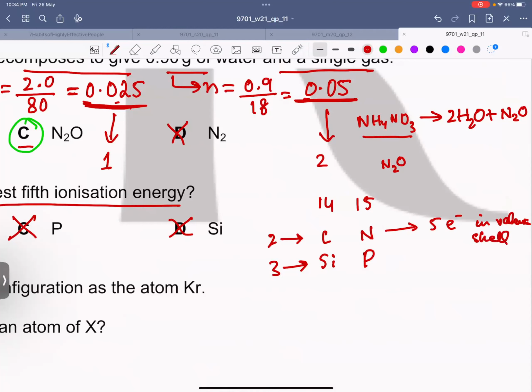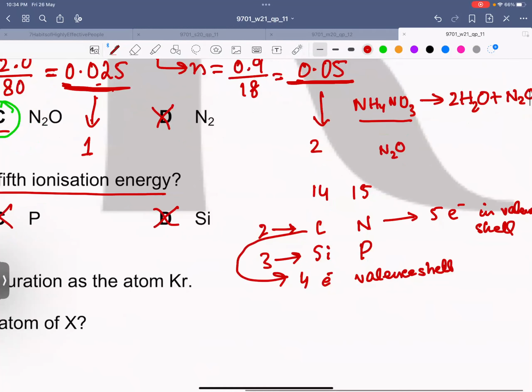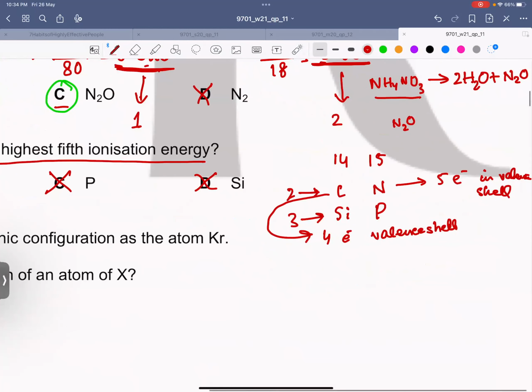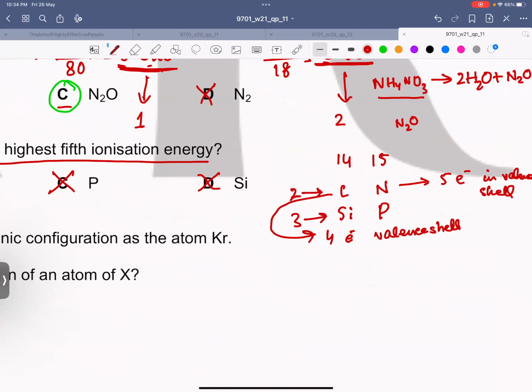And in the case of carbon, 4 electrons in the valence shell. So for carbon, its valence shell is the second, and the 5th electron that we have to remove is in the first shell over here for carbon.